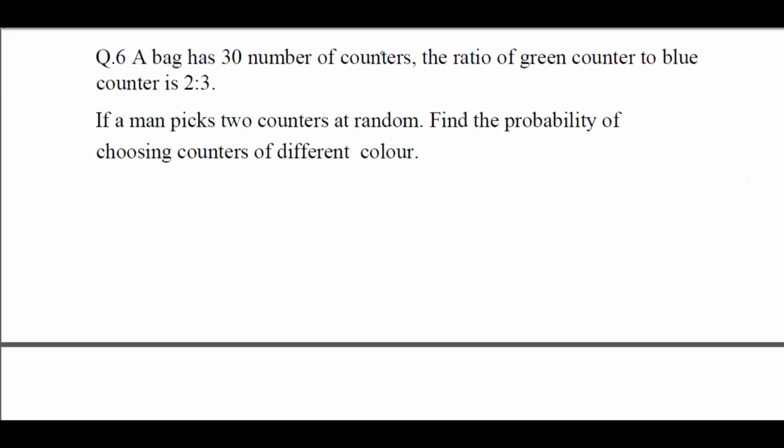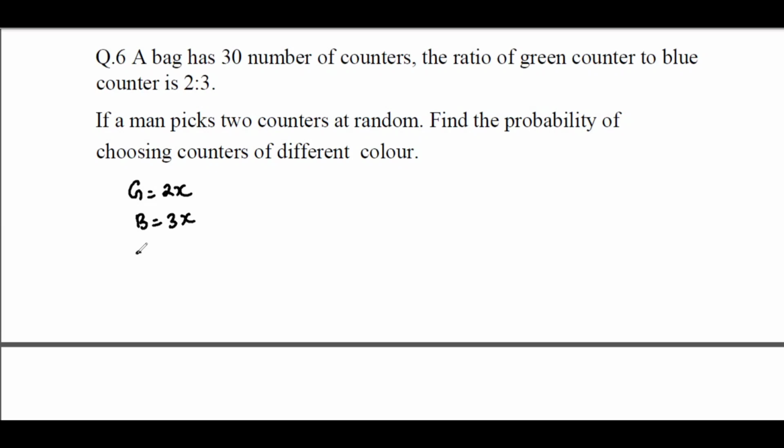Now the question says, a bag has 30 number of counters. The ratio of green counter to blue counter is 2:3. If a man picks two counters at random, find the probability of choosing counters of different color. So first thing is we have to calculate the number of green counters and the blue counters. Let us say the number of green counters be 2x and number of blue counters be 3x.